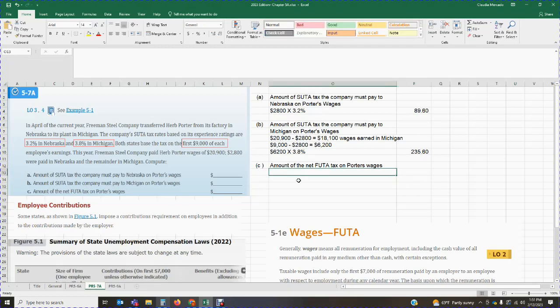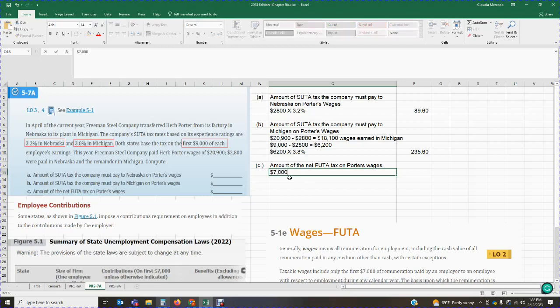Now, for my FUTA tax, remember the FUTA tax is paid on the first $7,000 of earnings. FUTA is across all states the same amount, $7,000. So we have Herb that worked in the same company, just two different locations. We're only going to pay taxes on the first $7,000 of earnings.